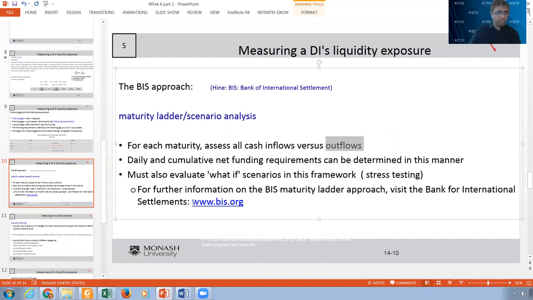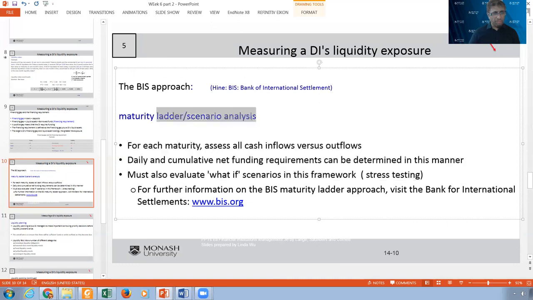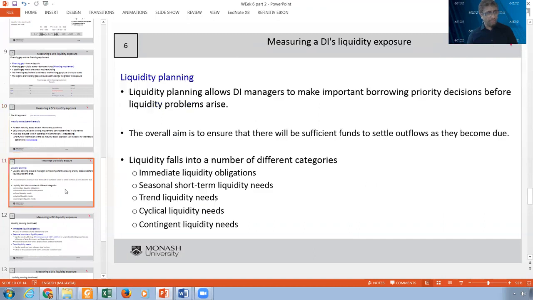There is more information here if you want to see about the stress testing. As far as this class is concerned, I just want you to know that there is a ladder, and this ladder is actually using different scenario analysis. They take the cash outflow, and then they take it under different sensitivity analysis.